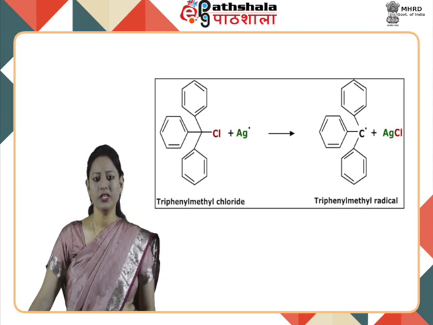It can be generated by the treatment of triphenyl methyl chloride, or trityl chloride, with silver. The presence of the trityl radical in solution can be detected by electron spin resonance, ESR.